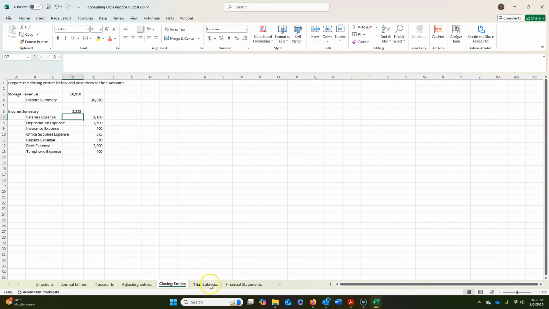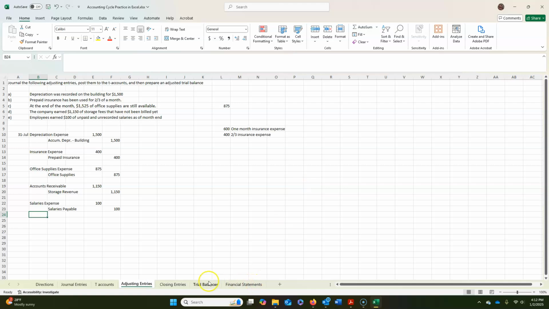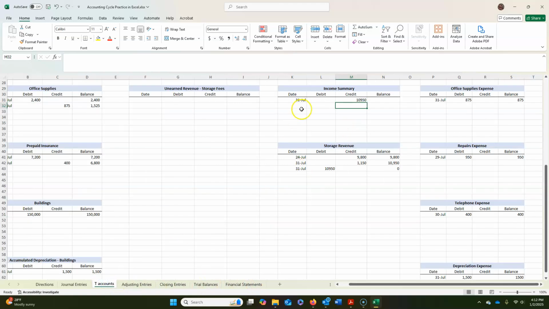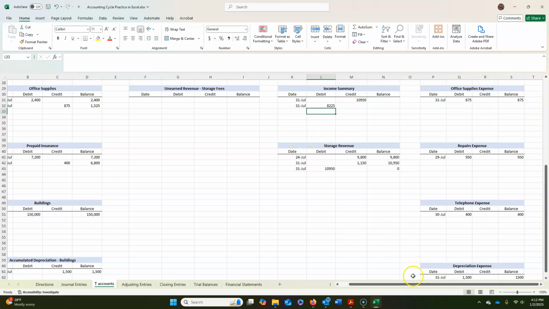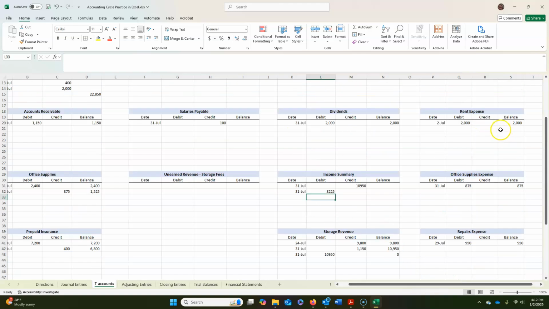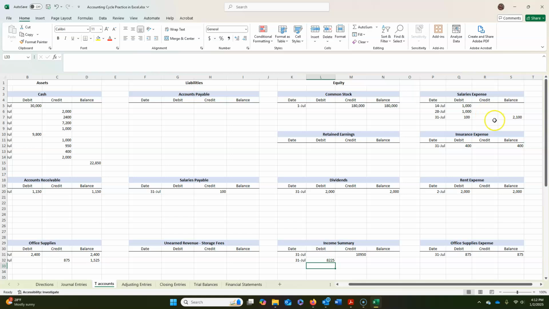Okay. So now on July 31st, we debited for $8,225, and then we credited each one of these accounts. For ease, I'm just going to type these in.